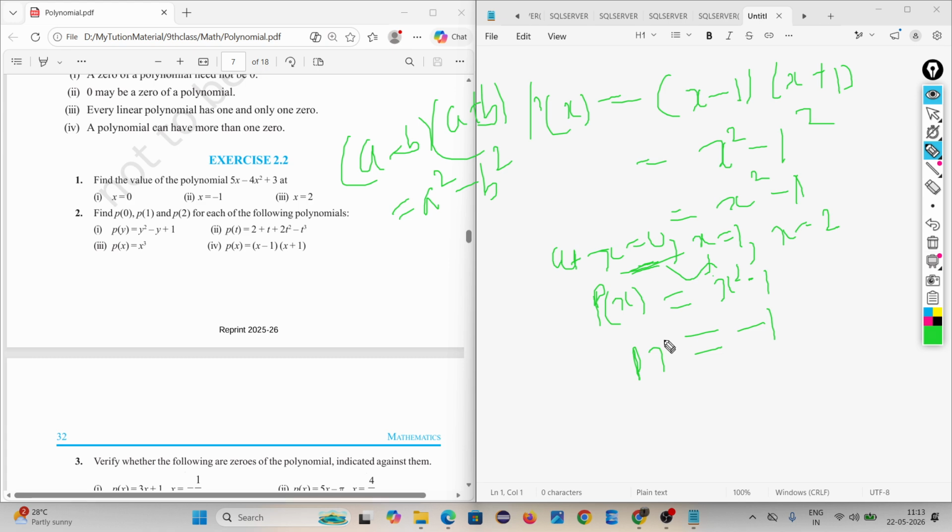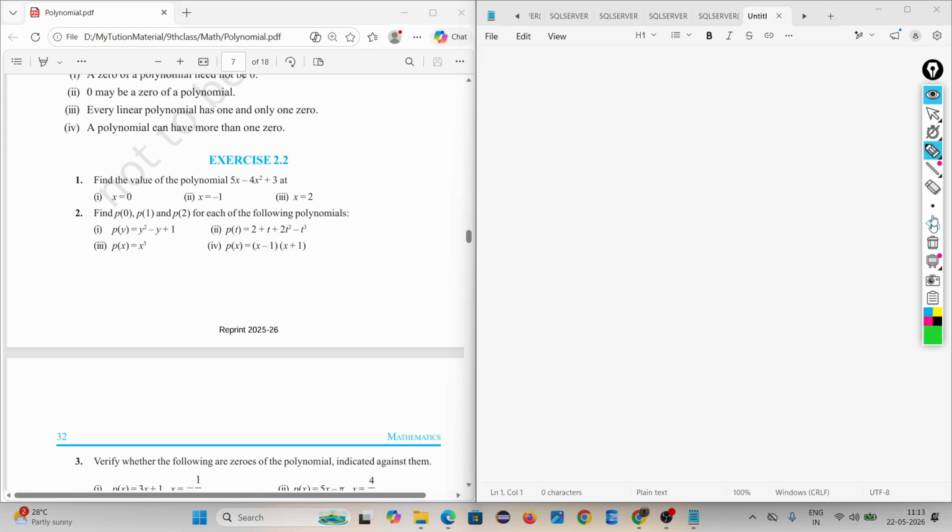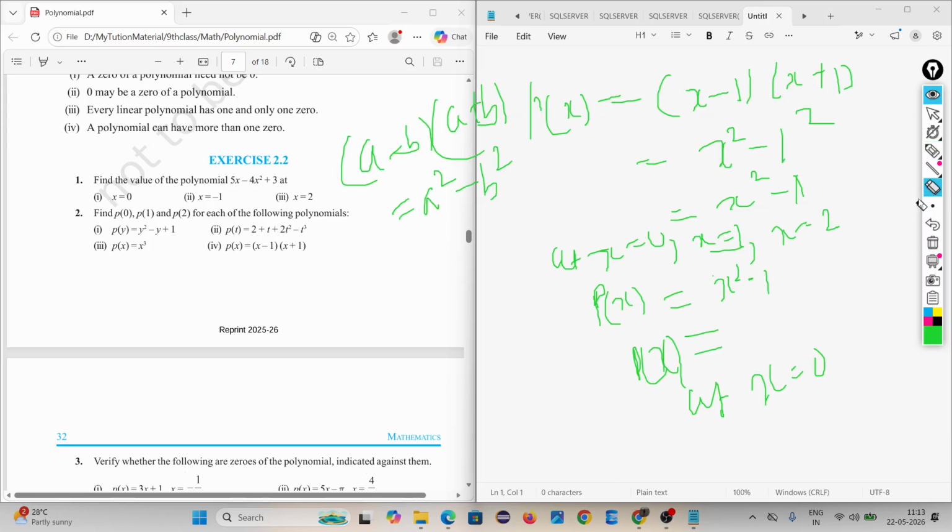P of x equal to minus 1 at x equal to 0. Then when x equal to 1, answer 0, sir. 1 square minus 1, it will be 0 at x equal to 1.